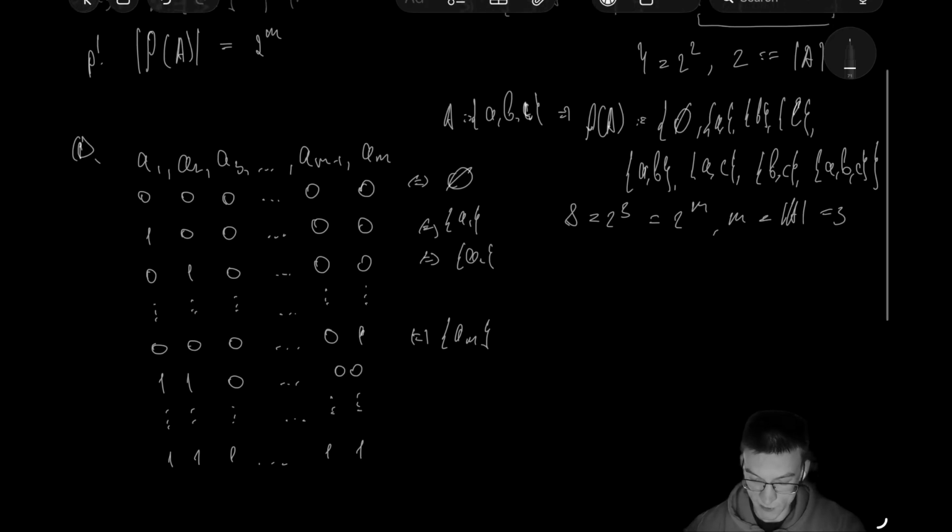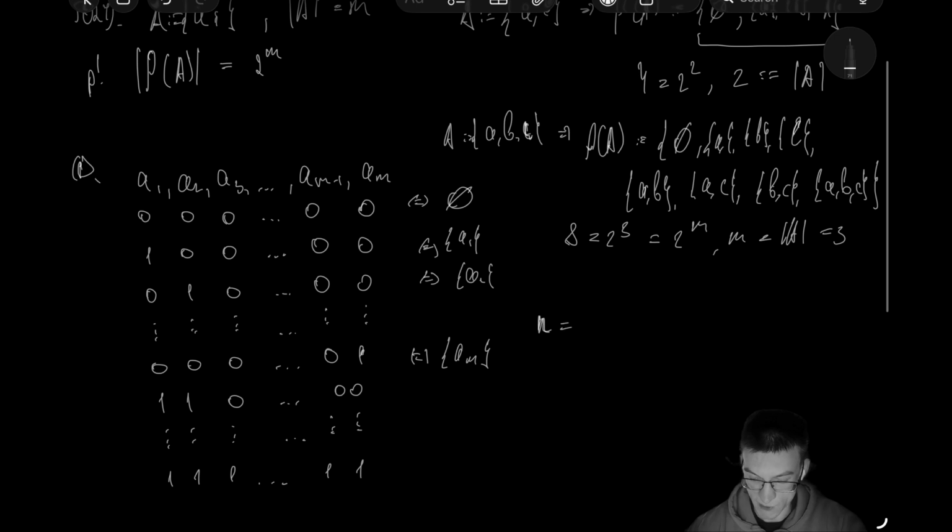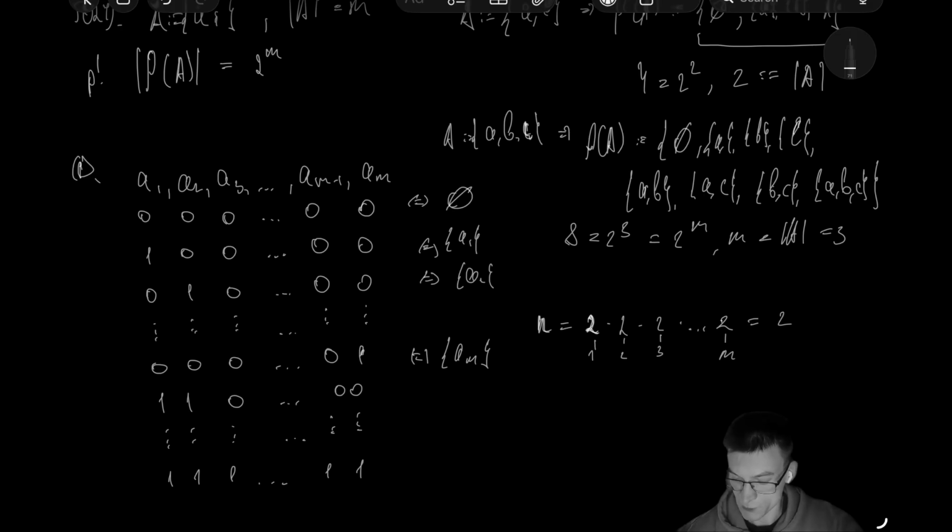So the number of possible combinations here is: the first cell has 2 possible states, so 2. Then the second cell has 2 possible states, and the third cell has 2 possible states, and so on until the mth cell, which also has 2 possible states. That gives 2 to the power of m, because we have m elements here.